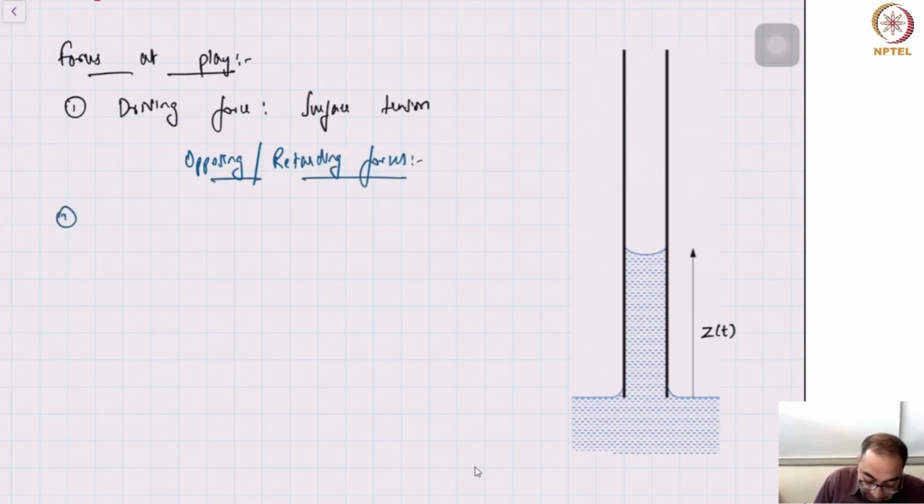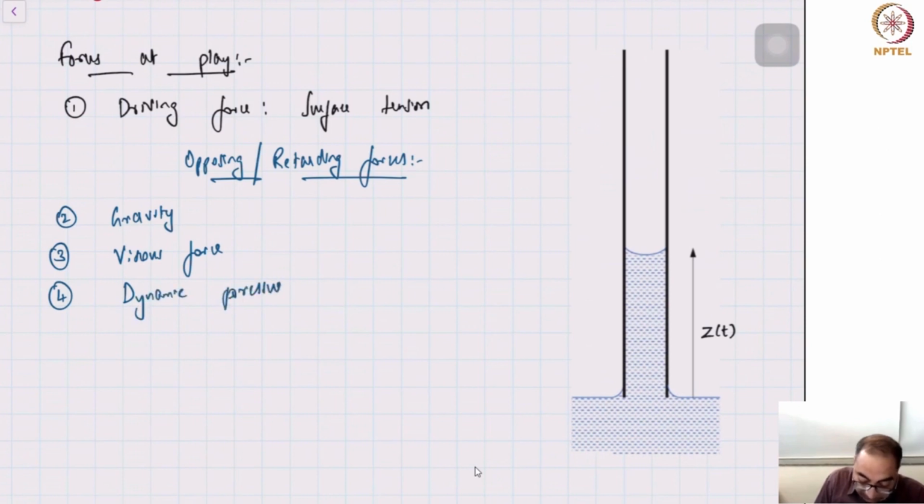Now, these include gravity. The weight of the column tends to pull it down, which is an opposing force. We have a retarding force, which is a viscous force, which tends to slow down the motion of the column as it rises up. Then we have dynamic pressure.